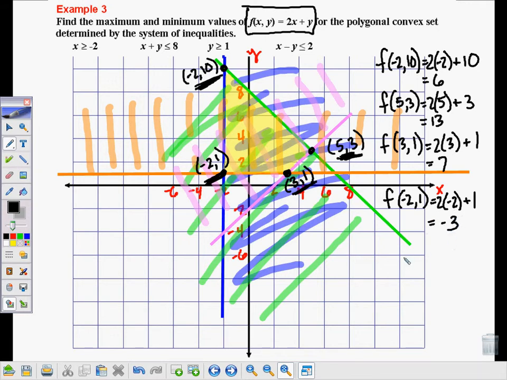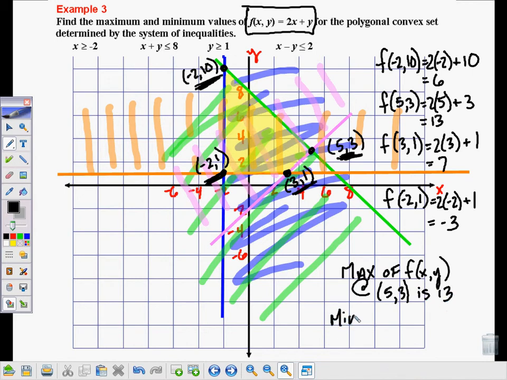Okay, so right away, my maximum value, max of f of x, y, is at 5, 3, and it's equal to 13.